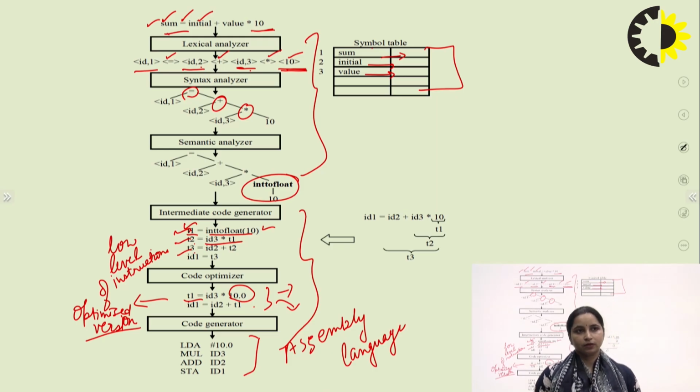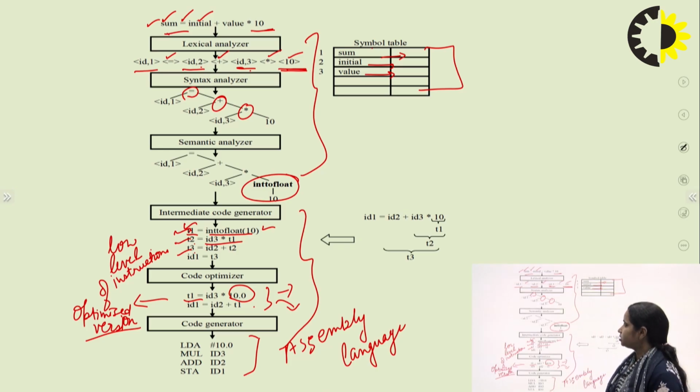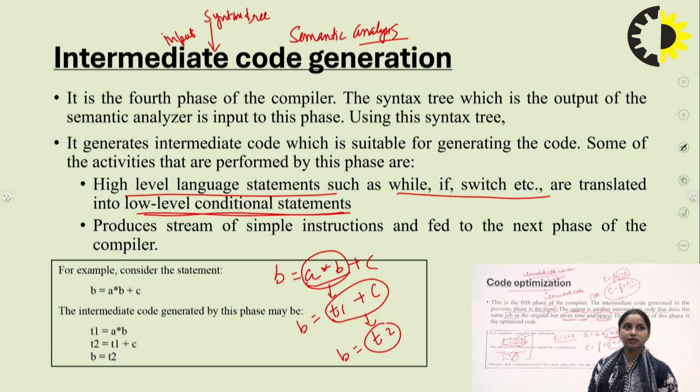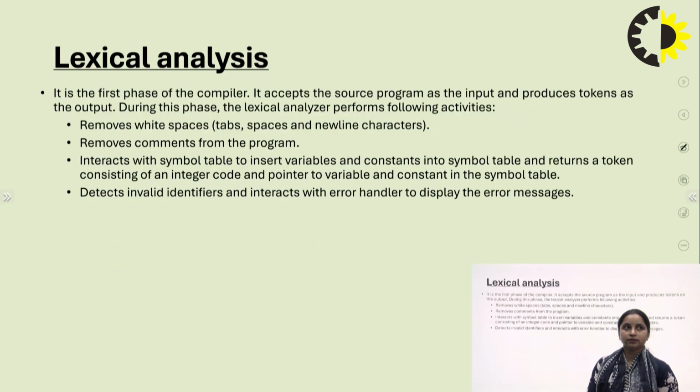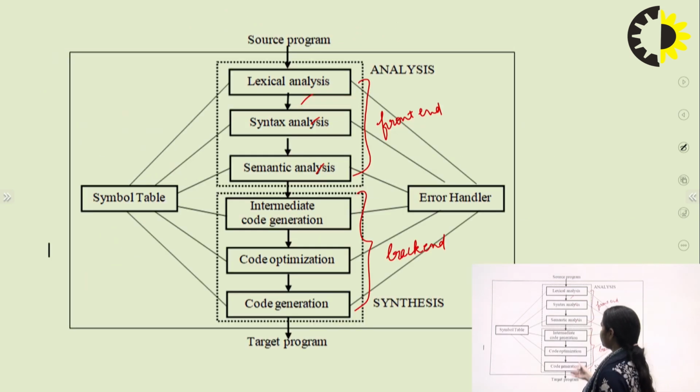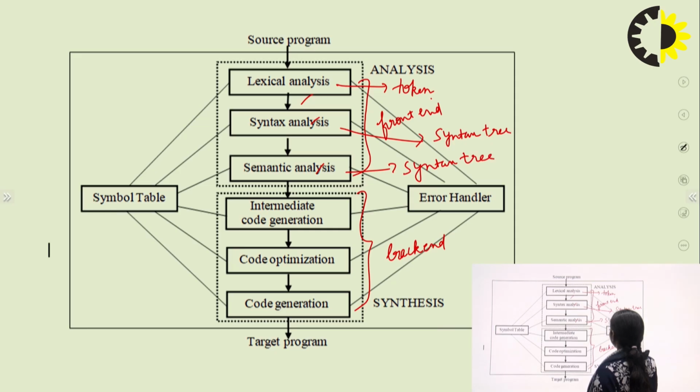So the main thing is how these phases work, like if we move to the first slide. In this phase we are generating tokens, so the input is the source program, but the output is the token. In syntax analysis, the output is the syntax tree. Here also the output is a syntax tree. Here the output is intermediate code instructions.